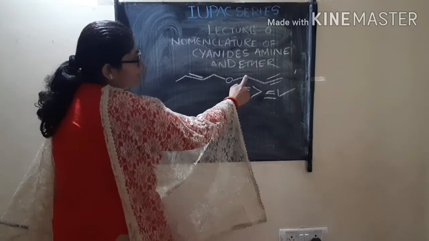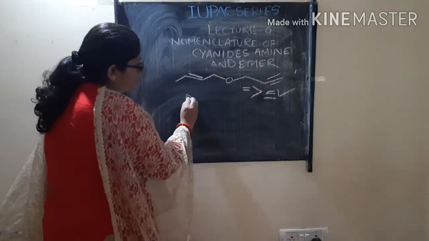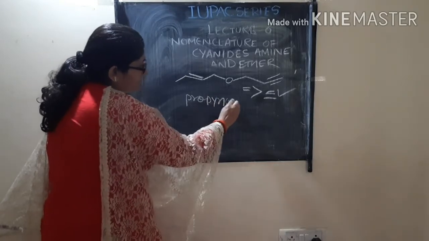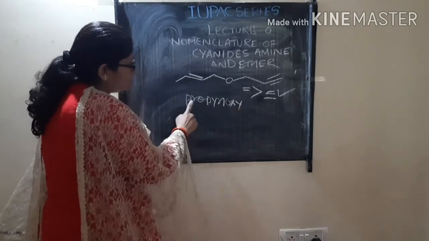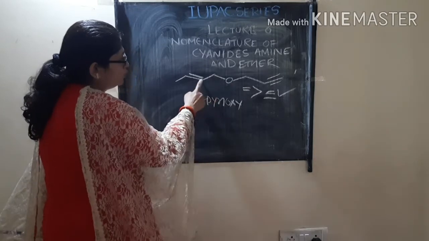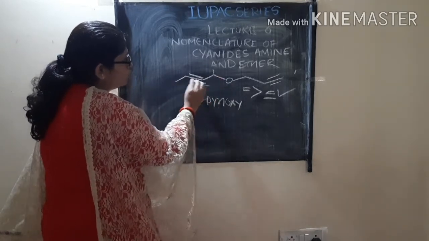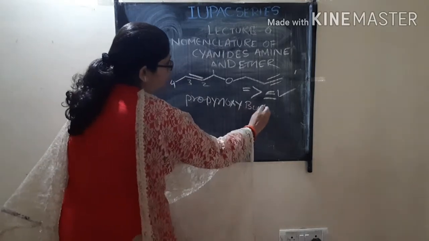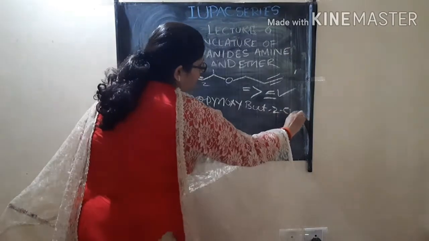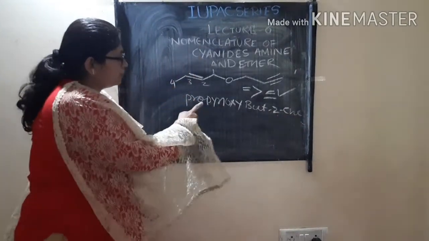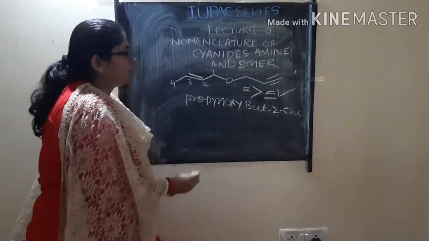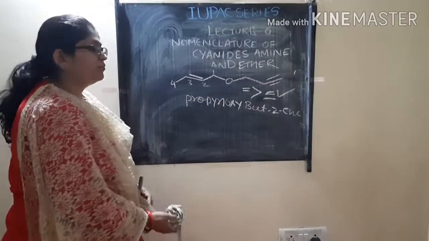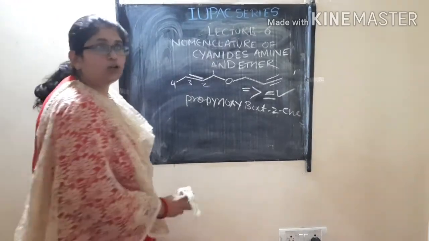So it will be 1, 2, 3. 3 means propynoxy, propynoxy, 1, 2, 3, 4. Then it will be but 2 ene. It will be propynoxy but 2 ene. Propynoxy but 2 ene. I hope this is clear. Let me take one or two more examples.